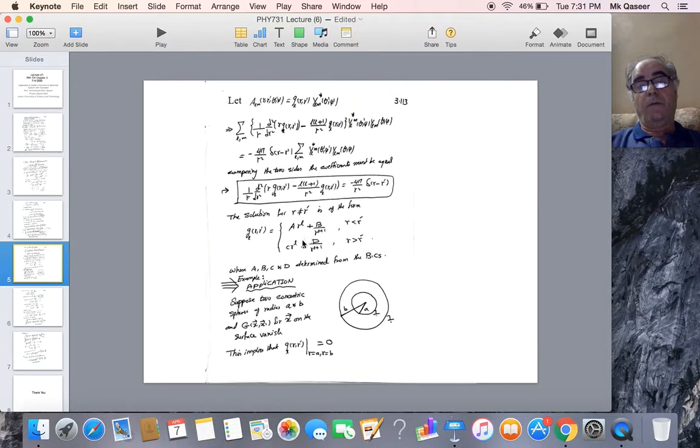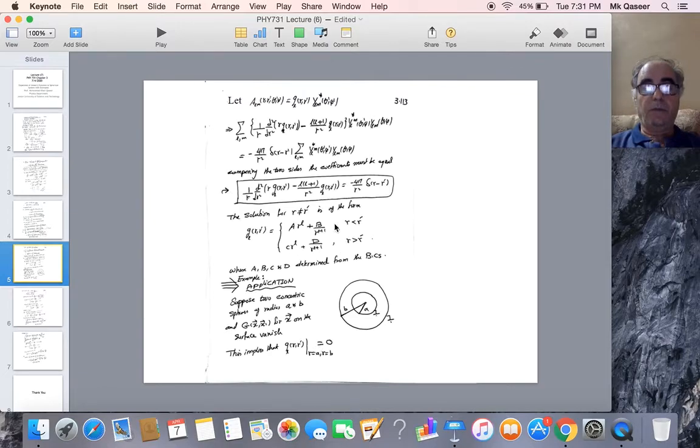Now to find these constants A, B, C, D, let's take an example for that. Take two concentric spheres at zero potential. The inner sphere has radius a and the outer spherical shell has radius b. Now the Green's function at the surface of each sphere is 0, or the g_l, which is the reduced Green's function, is equal to 0 at r equal a and r equal b.